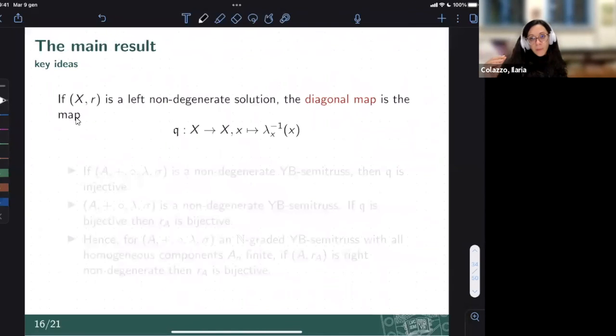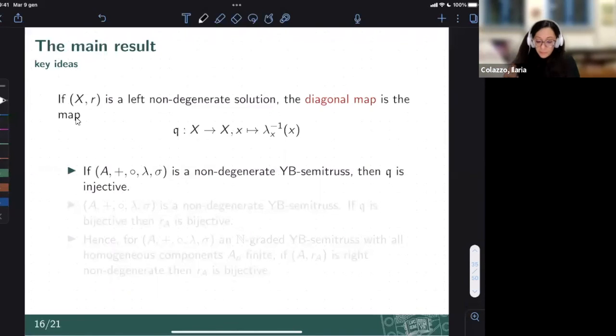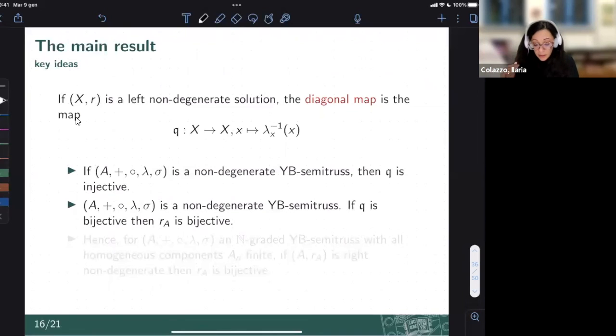So the core idea to prove the converse of the previous result is looking at the so-called diagonal map. The diagonal map is defined in this way: lambda inverse x of x, and was called, if I remember well, by Leandro the T map. This really plays a role. In fact, we can prove that if we have a non-degenerate YB semitruss, then the Q map is injective. We can prove that if the Q map is bijective, then R is bijective.